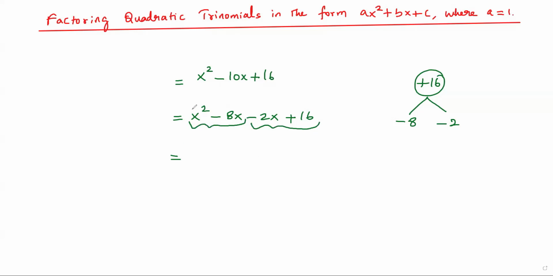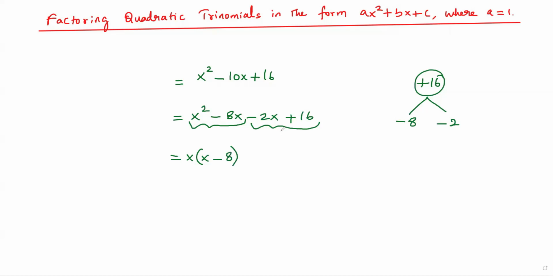Okay, what is the greatest common divisor for the two terms in the first group? It's just x. So we can factor x out. If I factor x out, to get the stuff inside the parentheses, I have to divide the terms in the first group by the one we factored out. So I have to divide both x square and negative 8x by x. If I divide x square by x, I just get x. If I divide this negative 8x by x, I get negative 8.